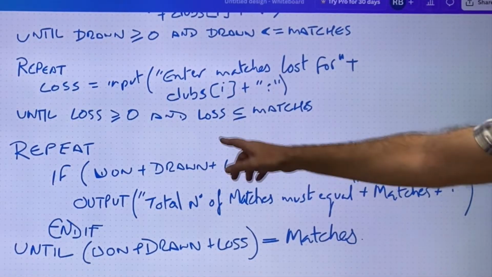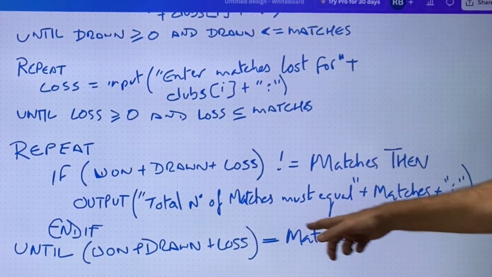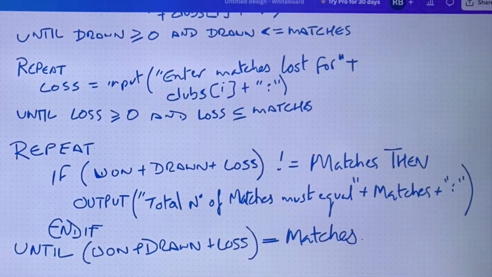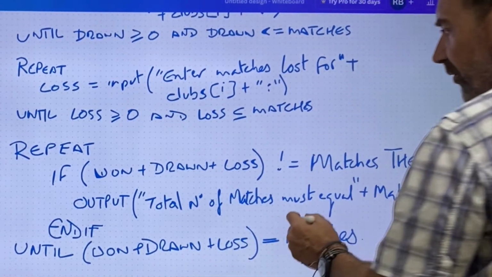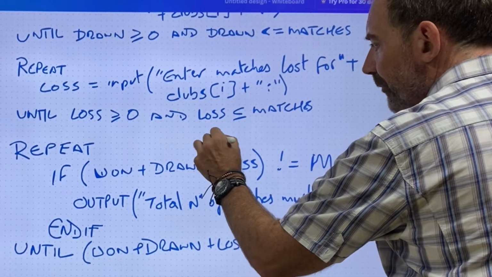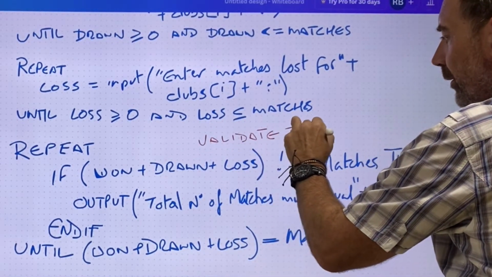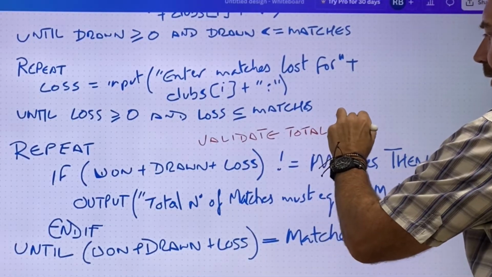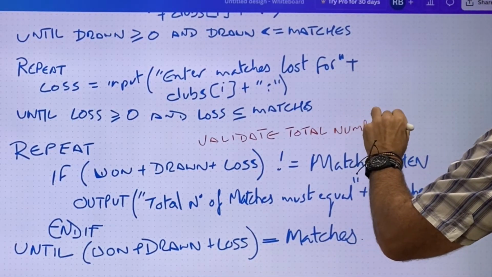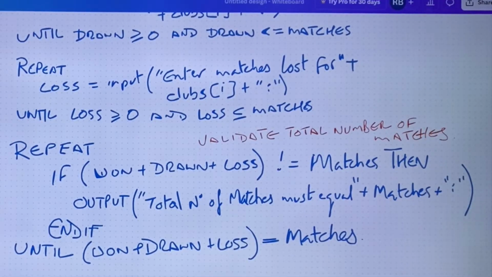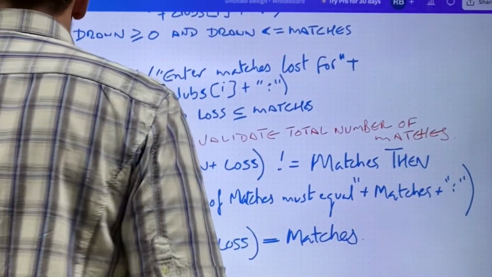Okay, so repeat that until we get the total 1 drawn or loss equals matches. Okay, that's me validating total number of matches. Okay, right, what's next?